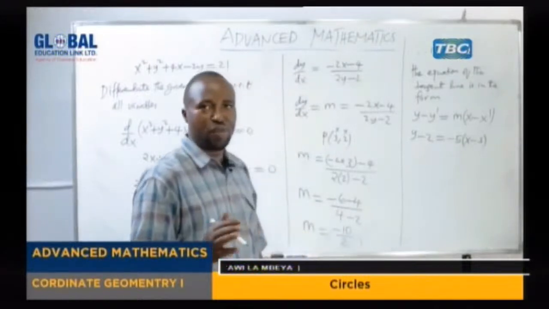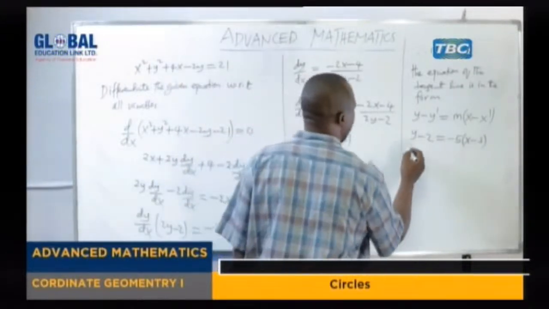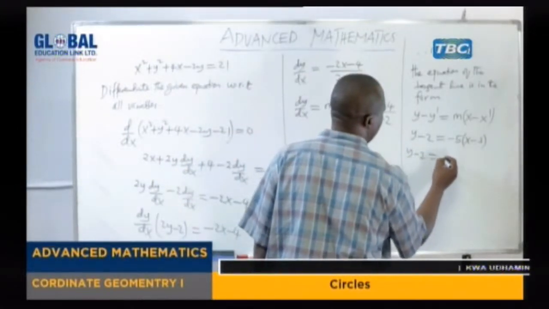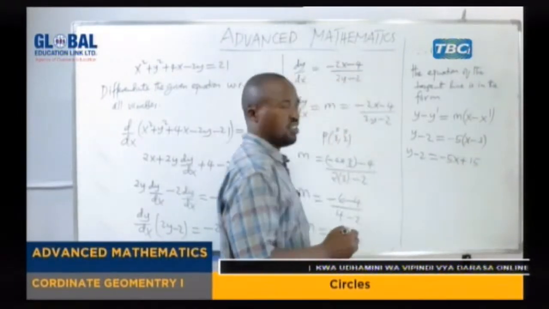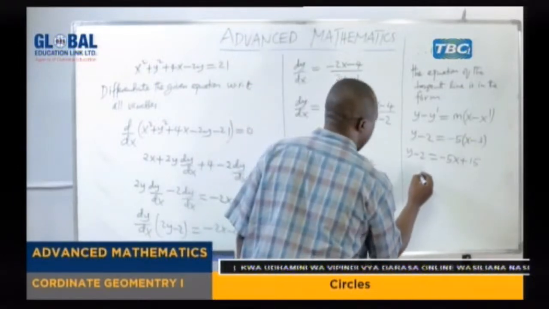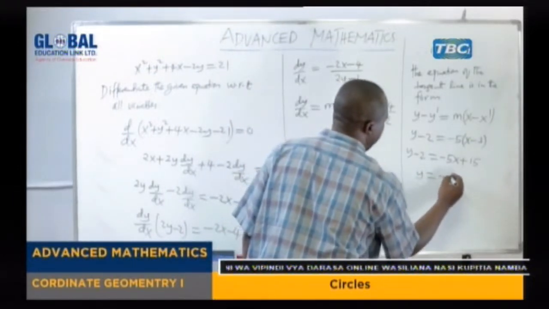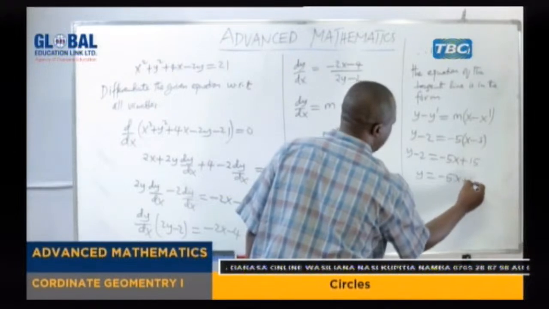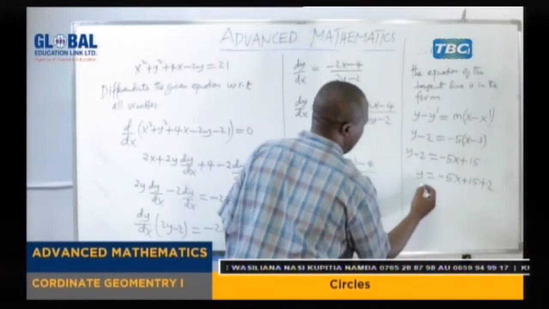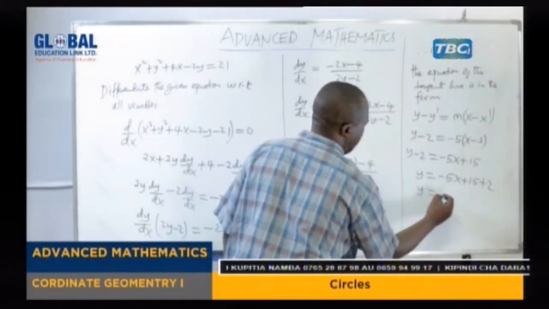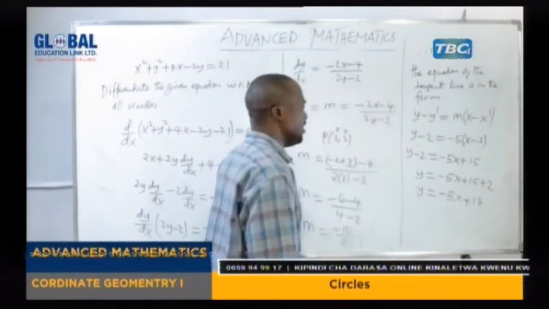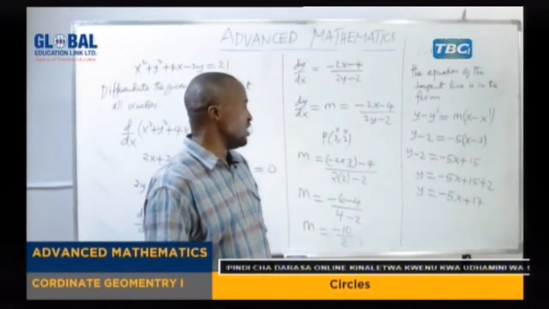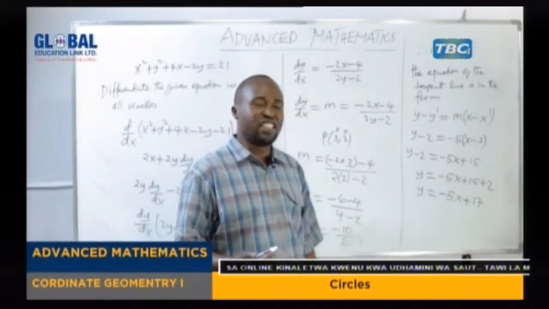In this case we can open up the bracket by saying y minus 2 is equal to negative 5x plus 15. So y is equal to negative 5x plus 15 plus 2. That is y is equal to negative 5x plus 17. My dear student, this is the equation of the tangent.